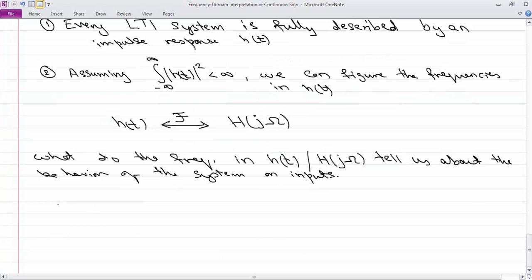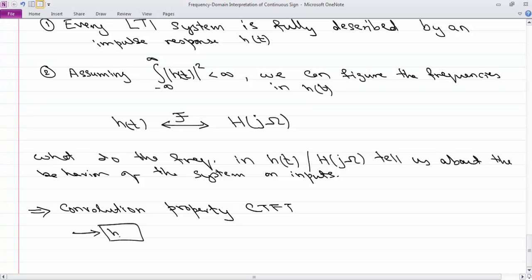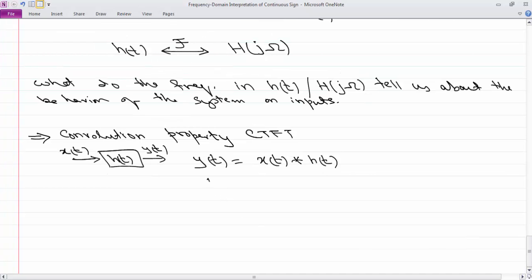Now, to do that, we have to remember the convolution property of the continuous time Fourier transform. So the output of a system, if this is our system, the impulse response is h of t, input is x of t, output is y of t, then we know that y of t is x of t convolved with h of t. What's the Fourier transform of the output?